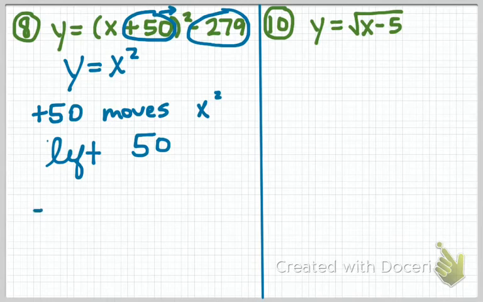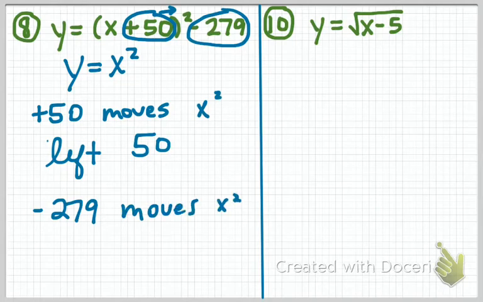And then the minus 279, because it's outside, moves x squared down 279. So inside backwards, outside direct. And you could list both of those changes in one statement.